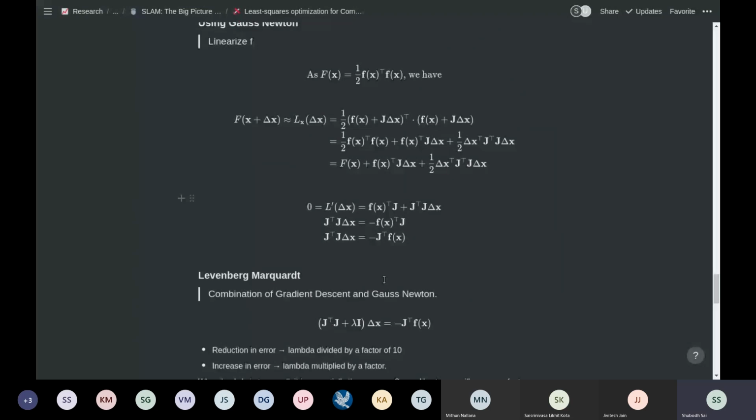I know there's too many equations here, but you can go back and put pen on paper.